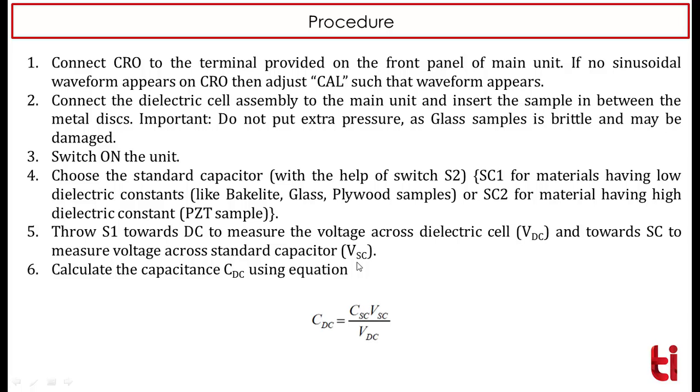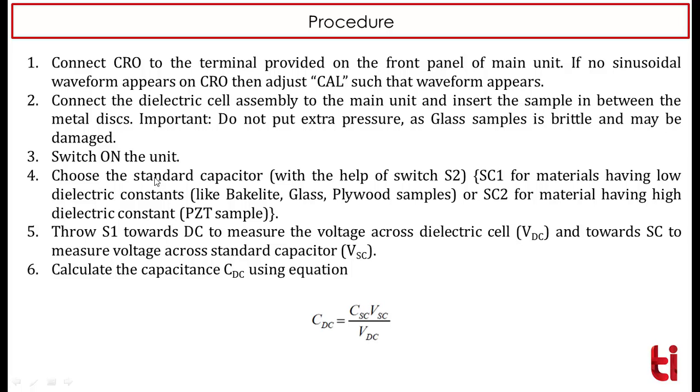If I look at the procedure, first of all we should switch on the system and make sure that the CRO is showing an AC wave, a sine wave, which is not attenuated. Afterwards, the dielectric cell assembly should be constituted by putting in the sample inside it. We switch on the system again and we choose the standard capacitor which has a similar value to the samples that we want to measure.